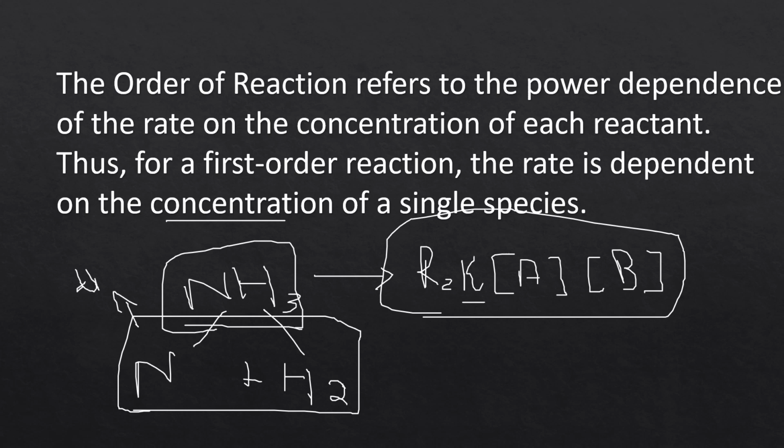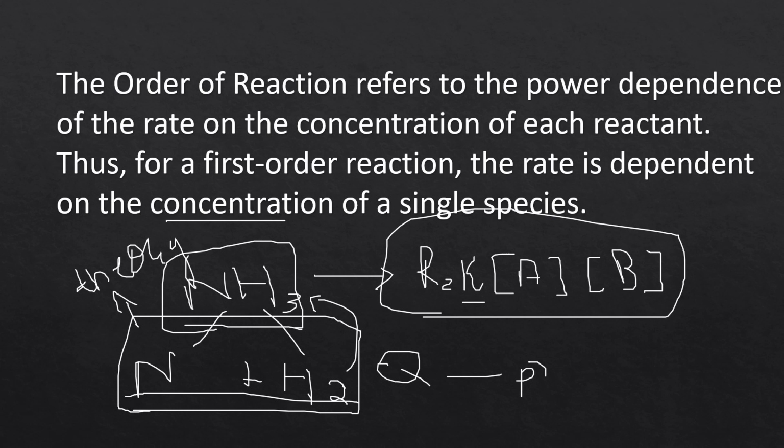It totally depends upon what is practically proven. If you are given that N plus H2 is equal to ammonia, you have to accept it if it is practically proven. It depends upon how the question is given. If the question states that this is proved, that means this is the standard form.